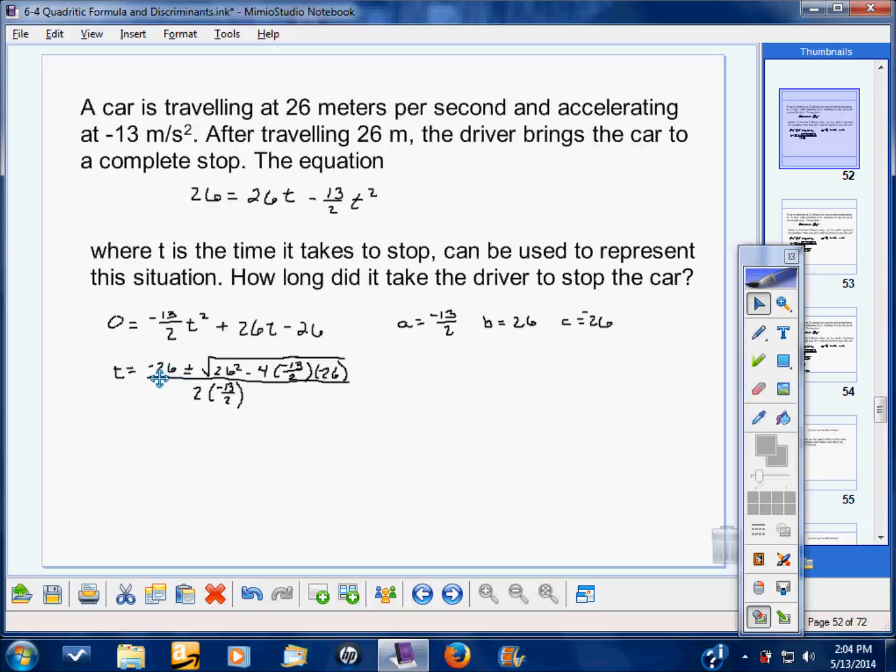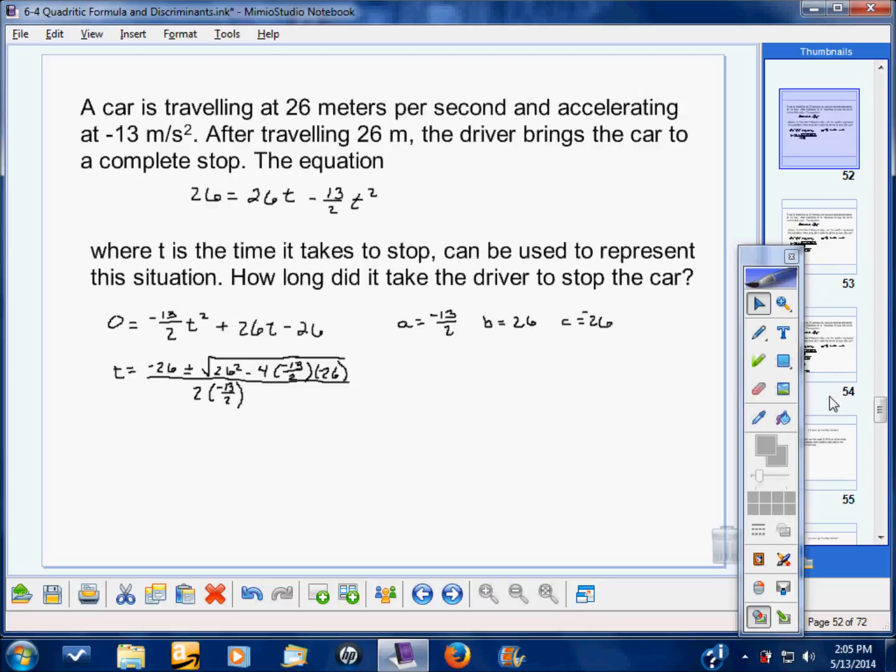So t is going to be negative B, negative 26, plus or minus the square root of B squared, this is 26 squared, minus 4, it's always 4, minus 4 times A, negative 13 halves, times C, negative 26, over 2 times negative 13 halves.